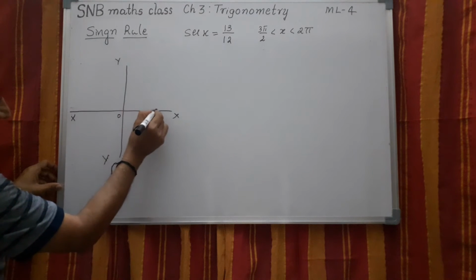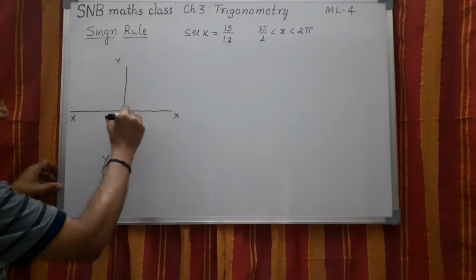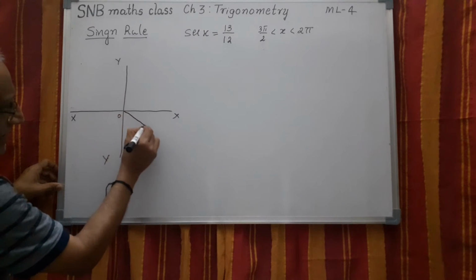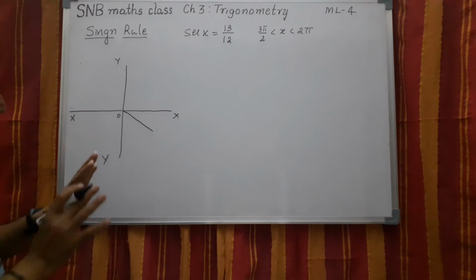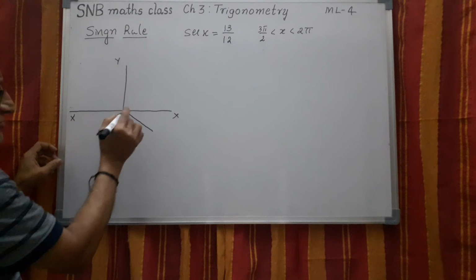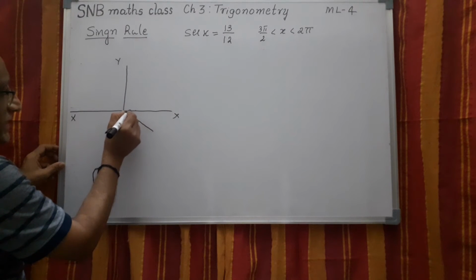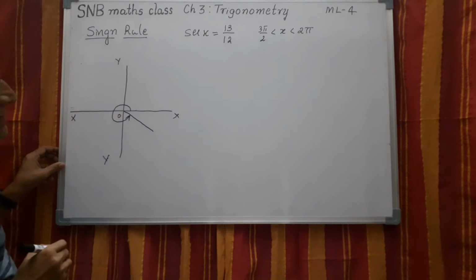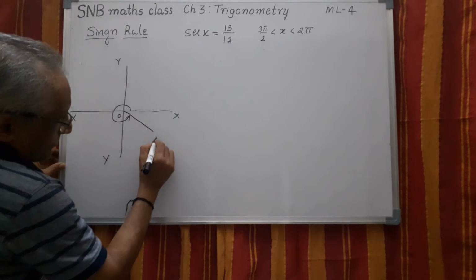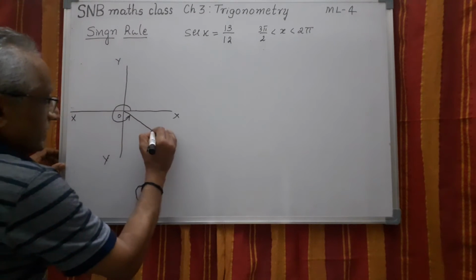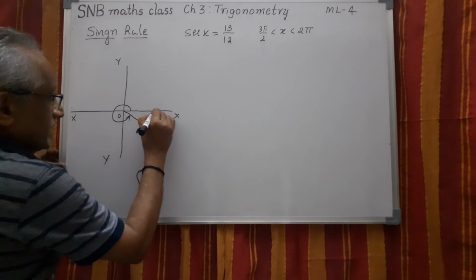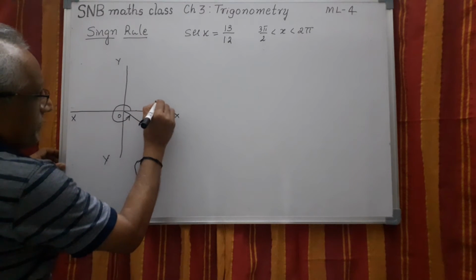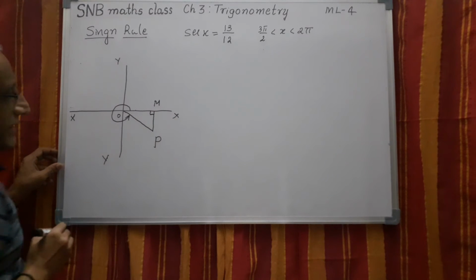You take a ray and rotate like this, then it comes here. Remember, it is an approximate diagram. You need not worry about the magnitude of the angle, etc., but you have to indicate like this. This is the angle. Now, this point you take as P, then drop the perpendicular to the x-axis. So this is M. This angle is 90 degrees.